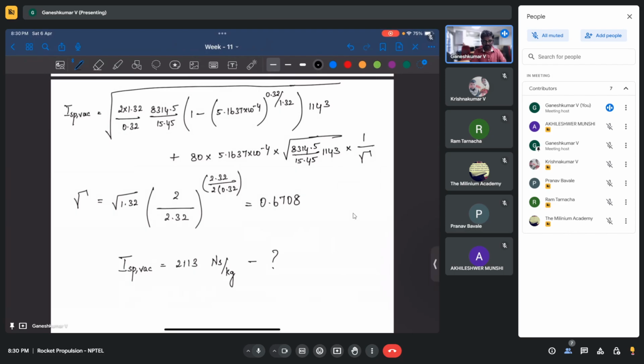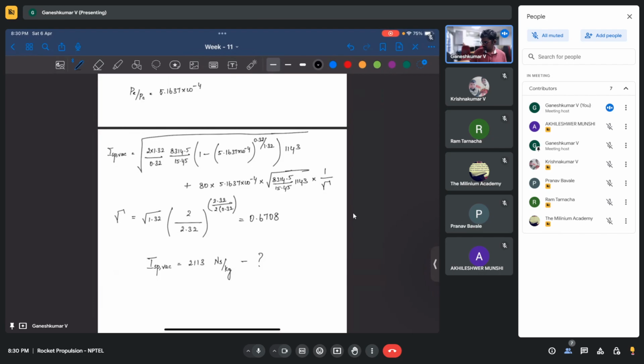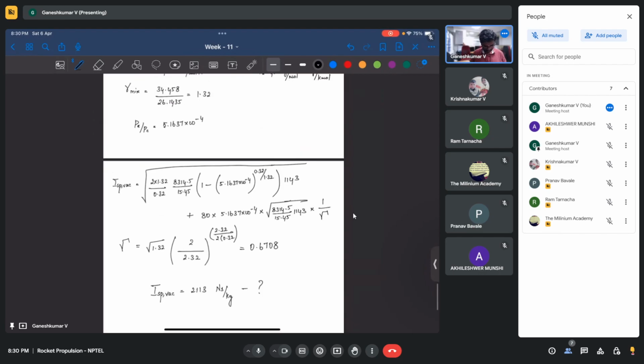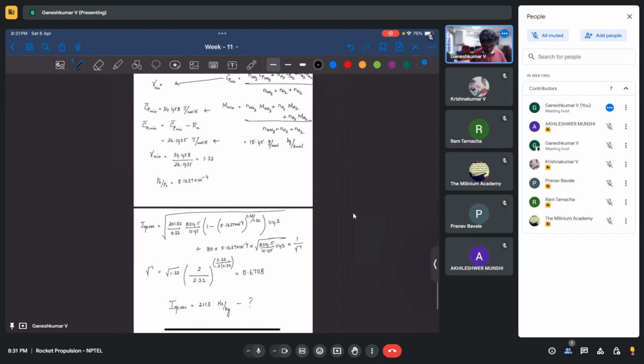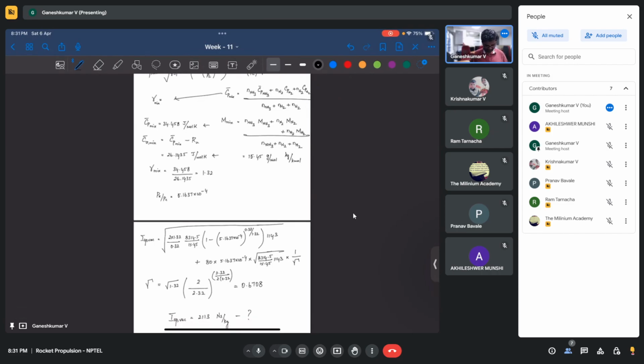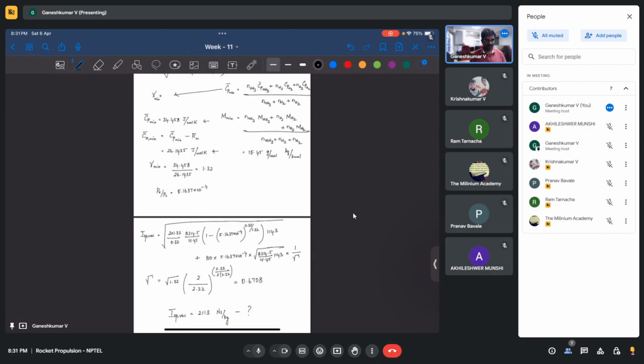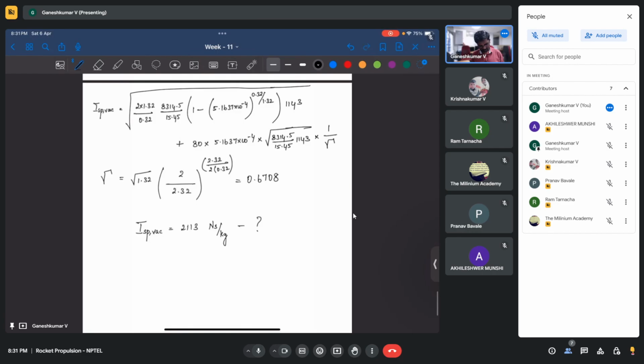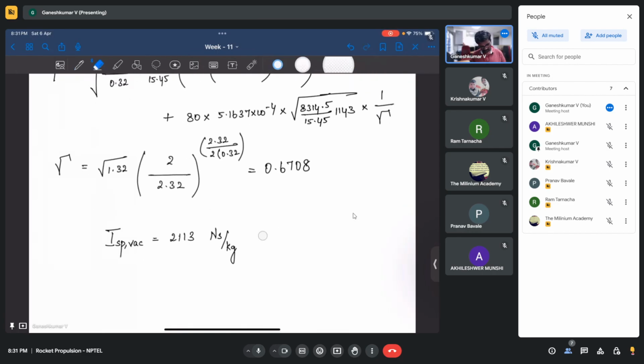Did anyone get ISP? So probably it should be around this only, but one thing is it's less than 2200 Newton second per kg.